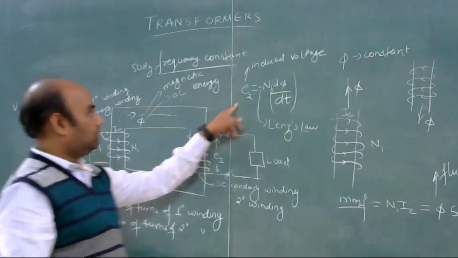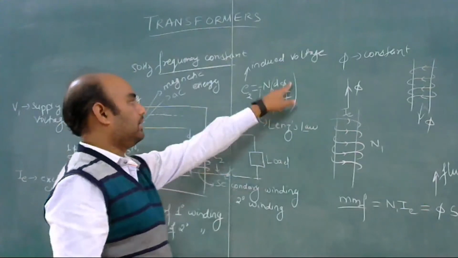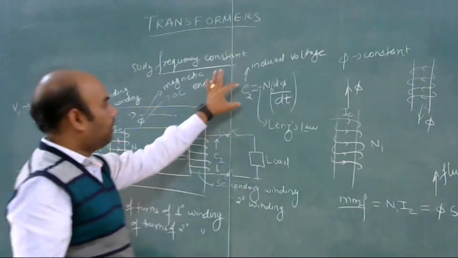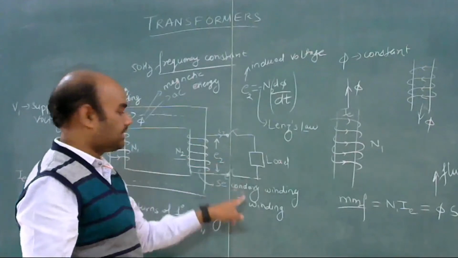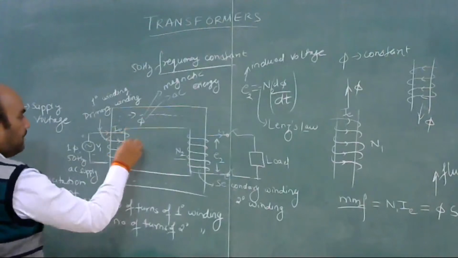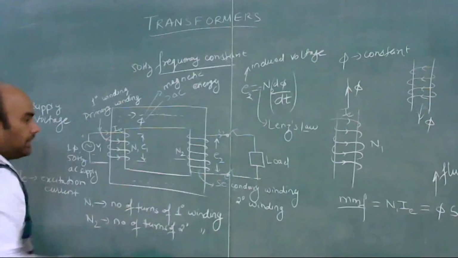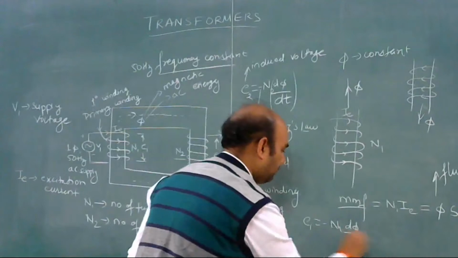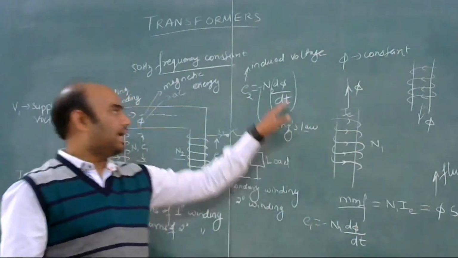According to Faraday's law of electromagnetic induction, if there is alternating flux cutting N number of turns, voltage will be induced. So voltage E2 is induced, why E2? Because it is the secondary side. Here also there is φ, so voltage E1 will be induced in the primary side. So E1 is equal to -N1 dφ/dt. There will be two induced voltages, in the primary side and secondary side.